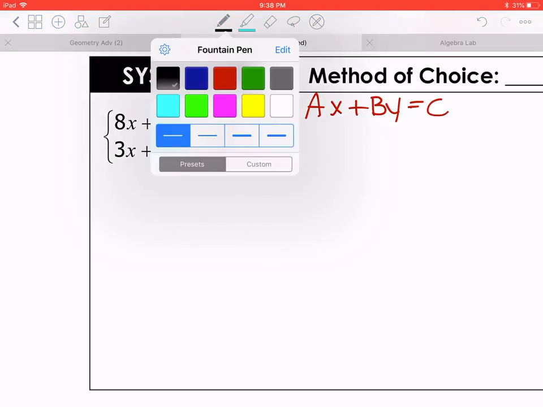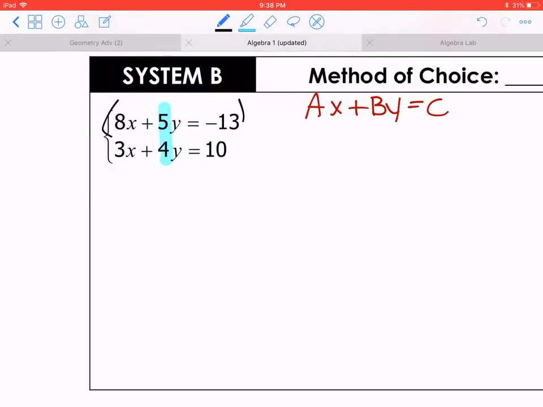I'm going to have to multiply this whole top equation by 4, and I'll have to multiply the whole bottom equation by 5.